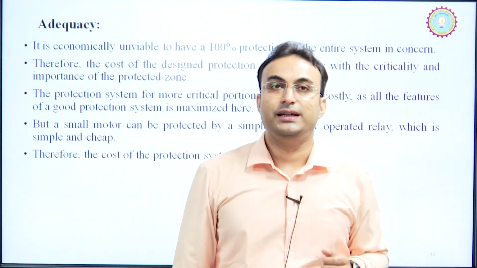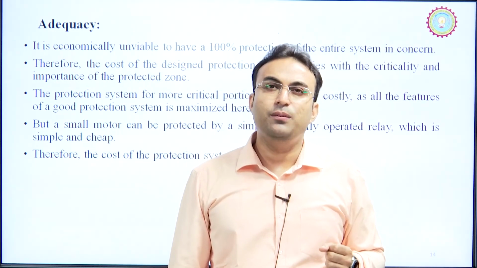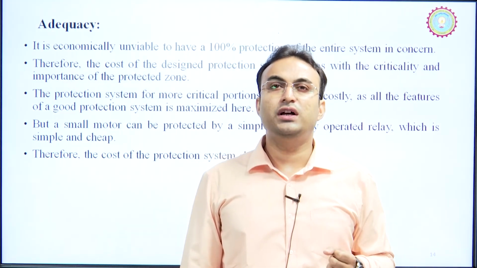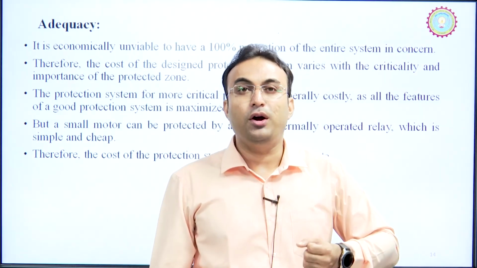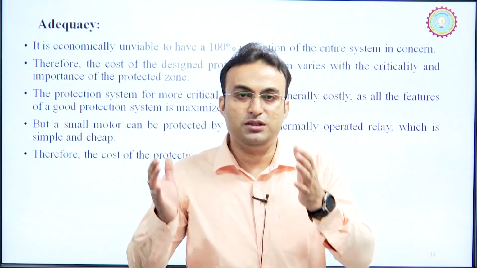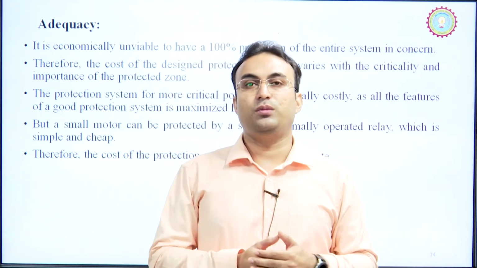And adequacy. The next property is adequacy. It is economically unviable to protect 100% of the entire system. Therefore, the cost of the designed protection system varies with the criticality and importance of the protected zone. Suppose we have bus bars, transmission lines, a generator and a transformer.